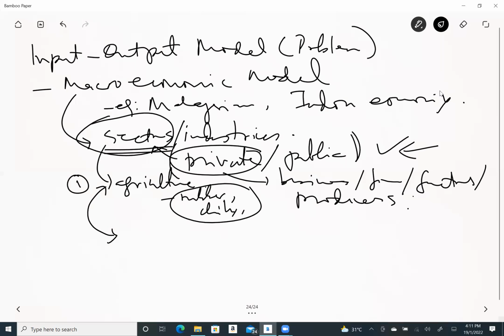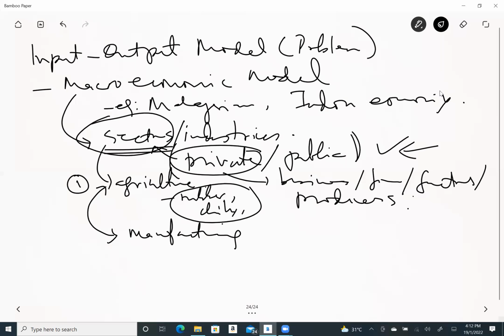The other sector that we generally use to categorize our business is manufacturing, or sometimes they call it producer.